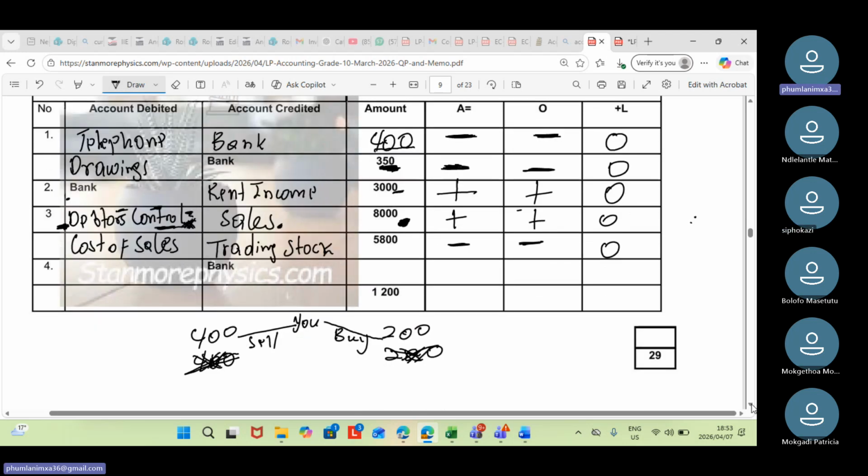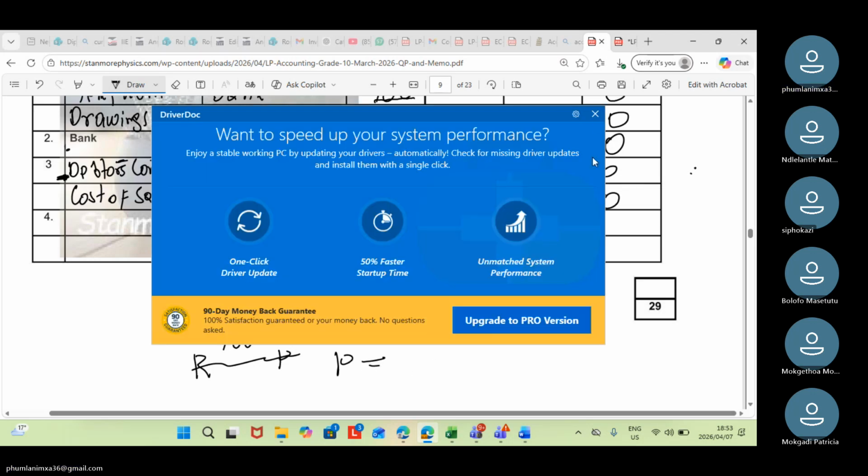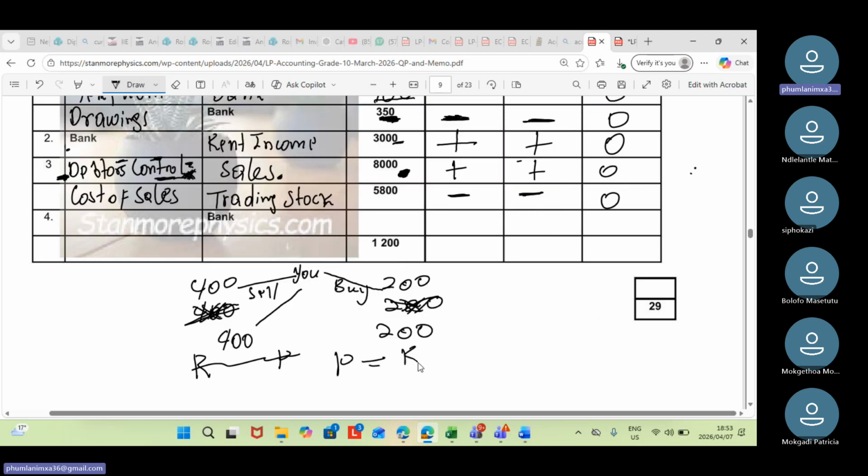Yes, because even here, if you're buying a calculator from someone who passed matric last year, for how much? 200. You sell the calculator, 400. If you want to check the profit, the amount that you have made, profit will be equals to revenue minus the cost.